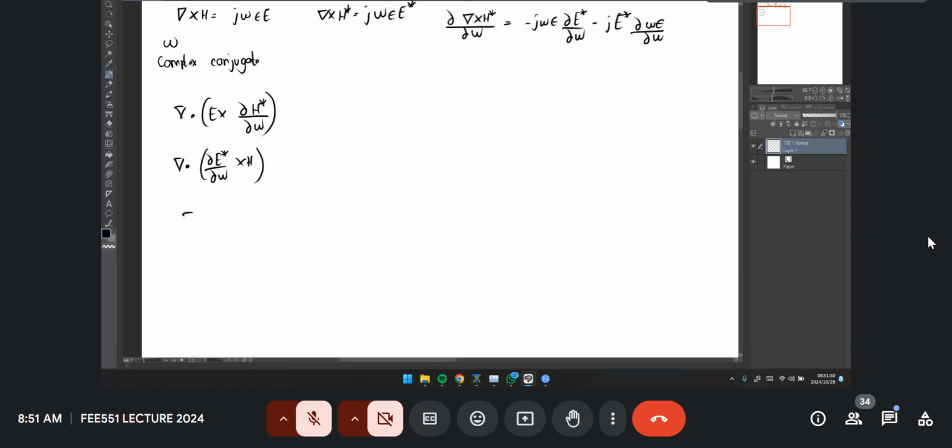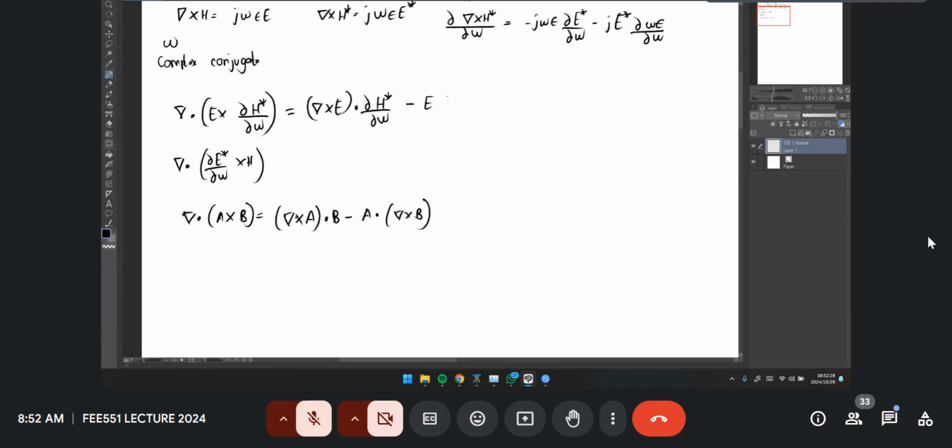We expand it using the vector identity such that A cross B is equal to this cross A, B minus A, B. So such that this is our A, this is our B for the first two, and then our result will be this stroke E, and then our second one.